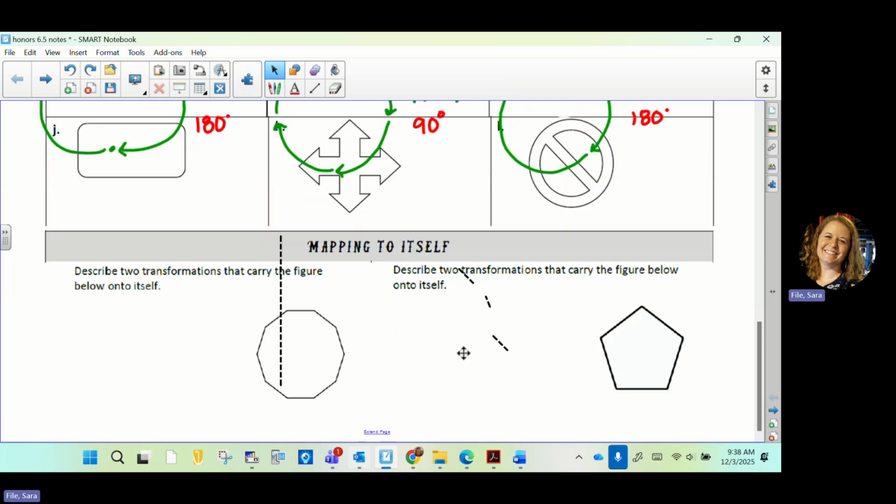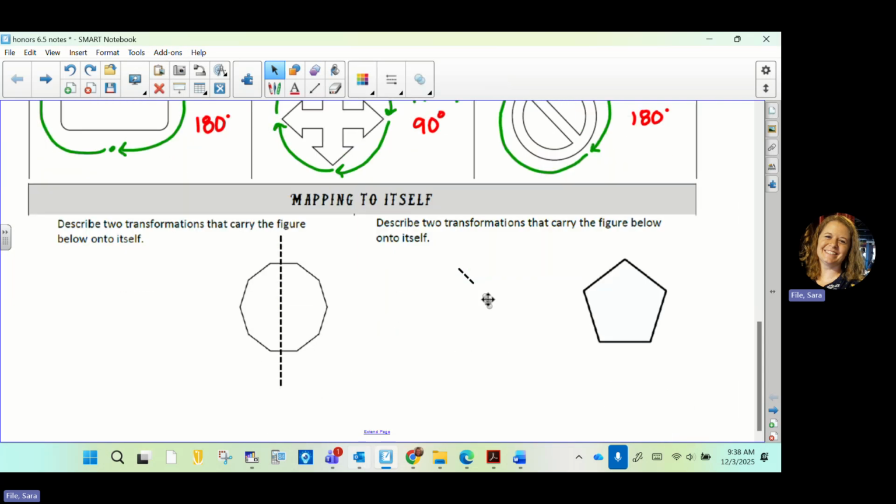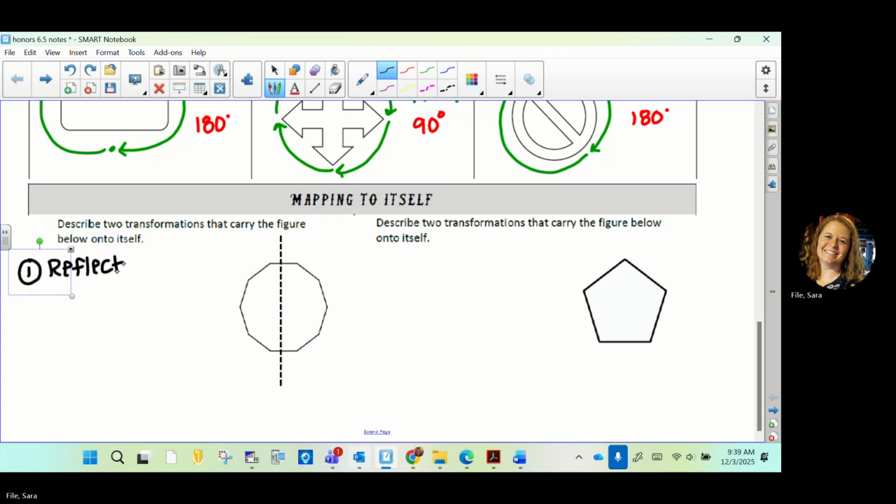So I would say in words, this could be a reflection over a line of symmetry, because there is more than one line of symmetry. So yes, one possible transformation is a reflection over a line of symmetry that would carry the figure onto itself. If you reflected this, it would be the exact same image.